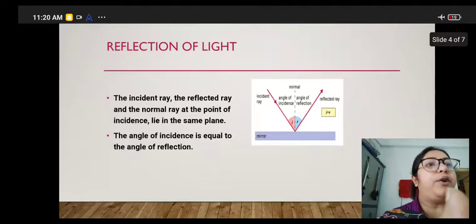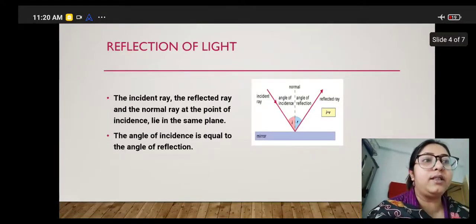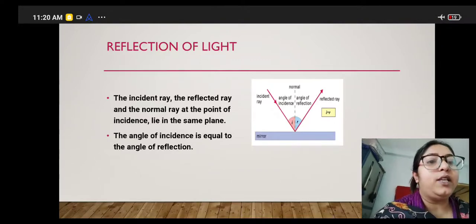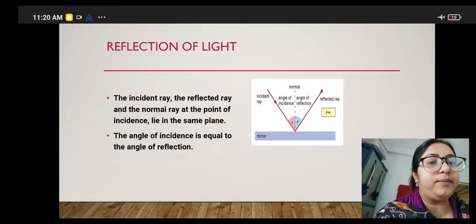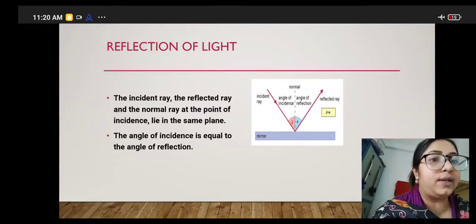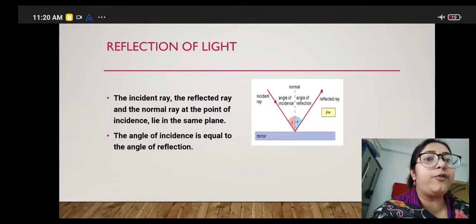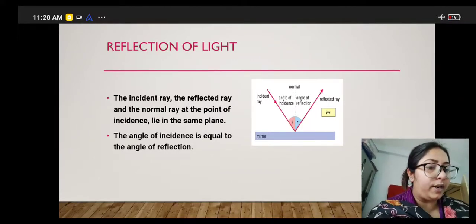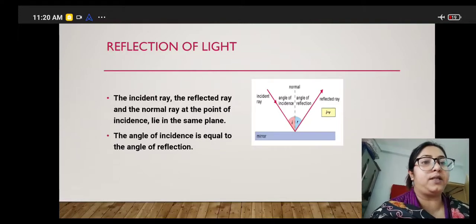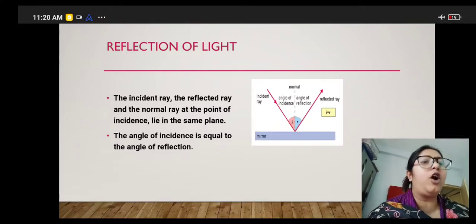Next, a very important concept of light is reflection of light. You can see a diagram where incident ray is the ray which falls on a particular substance. Suppose it's a mirror or a book, whatever.